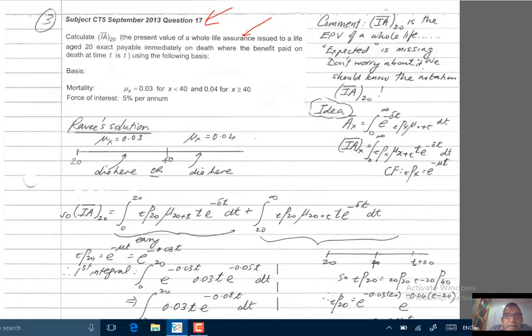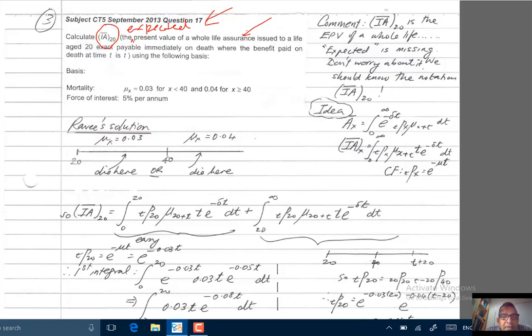Now, first, let's make a comment about this question. Note, this is the expected present value. The word expected is missing in this question, so just plug that in. Okay.